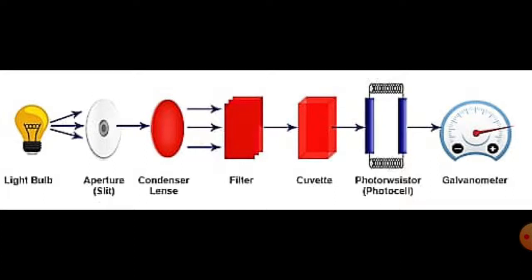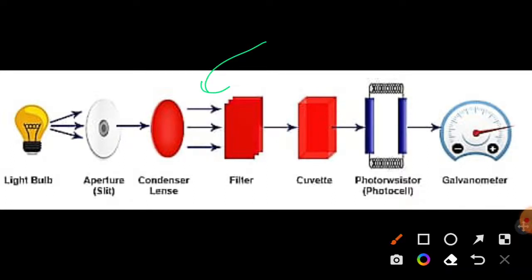And as we are using coloration and want to detect the color, it is obvious that we have to use visible wavelength. That is another important thing: for colorimetry we have to use visible wavelength, that is from 400 nanometer to 700 nanometer.